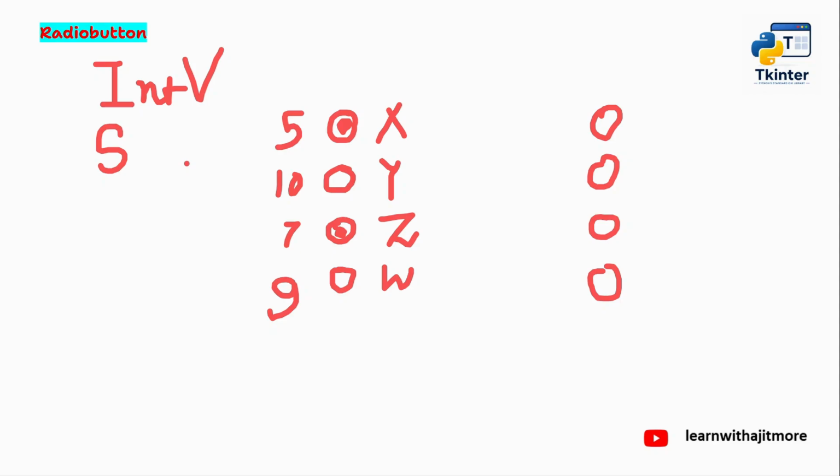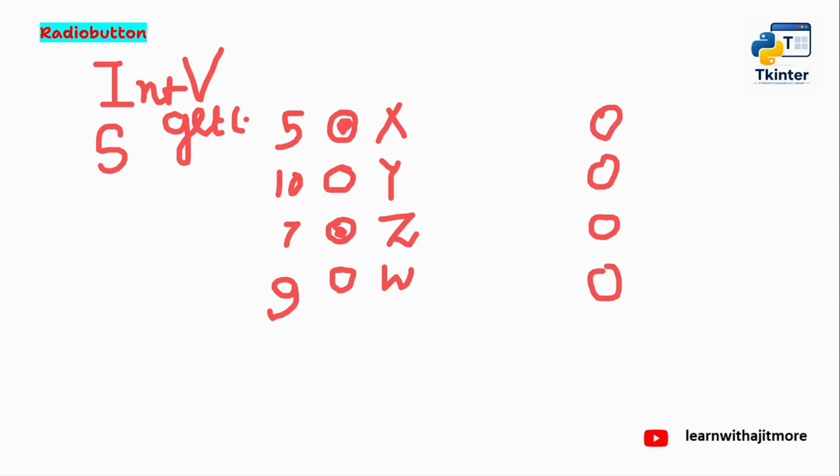Now what happens is whenever you click a radio button, its corresponding value will be copied into that variable. Whichever radio button you select, its value will be copied into the variable. Then whatever has come in that variable, you check by using its get method.